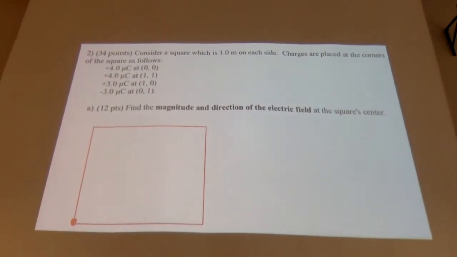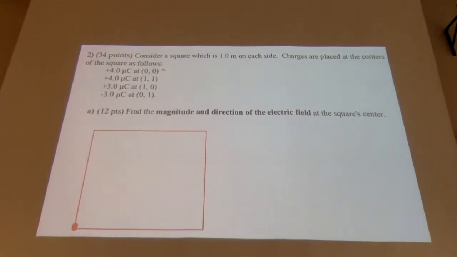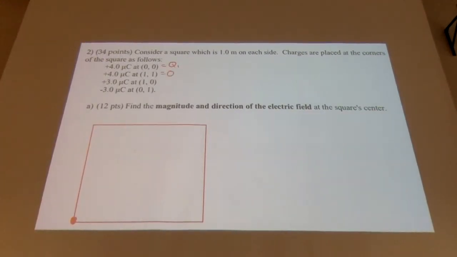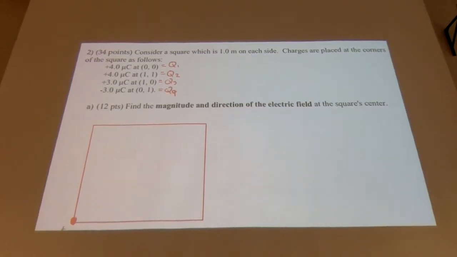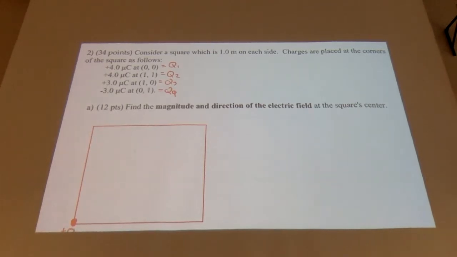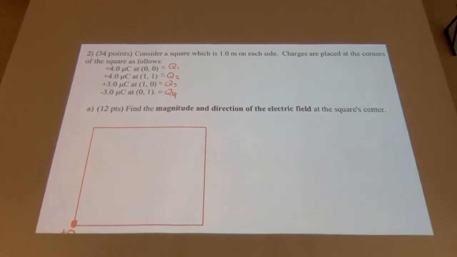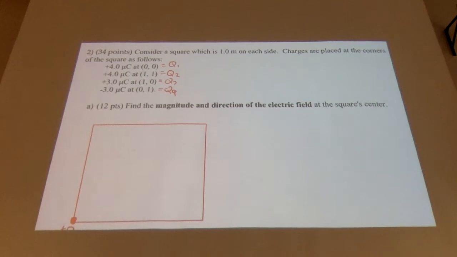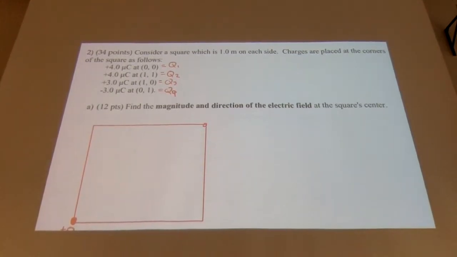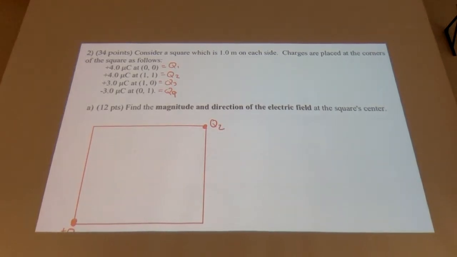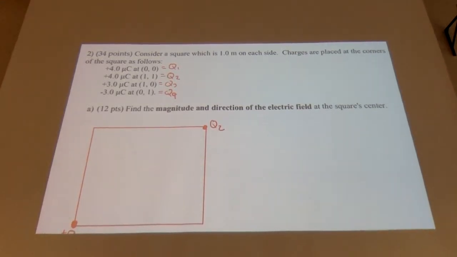So let's see. I'm going to give these charges some names. You didn't necessarily have to do this, but it helps me keep track of things. I'm going to say that this one is Q1, and I'm going to put a positive there to help me remember that it's a positive 4 microcoulomb charge. I'm going to call this one up here Q2, which is at 1, 1.